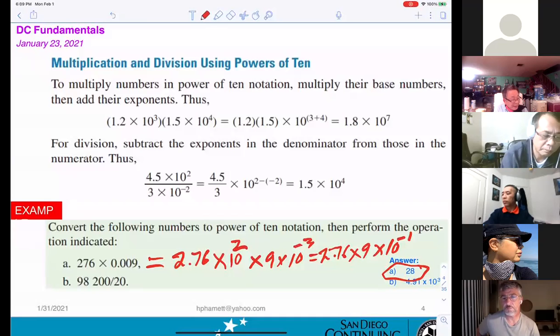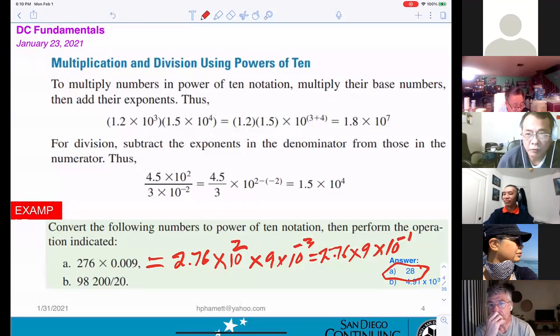Okay, so see what you get. I don't get 28. I got 2.4884. Let's see. I try 2.76 times 9, divided by 10. It should be 2.5. 2.48, right?